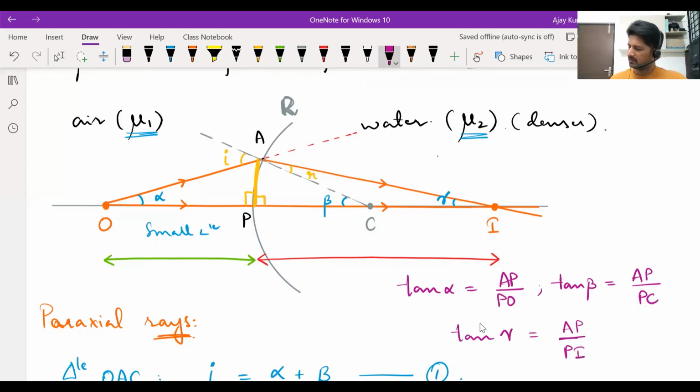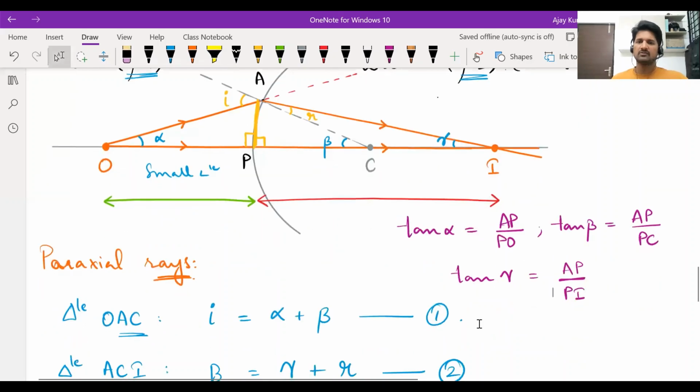Okay. And these are also small angles only, alpha, beta, and gamma. And for small angles, tan of the angle is equal to the angle itself when the angle is taken in radians. So in place of tan alpha, we'll write alpha as AP by PO. In place of tan beta, we'll take beta itself is equal to AP by PC and so on.